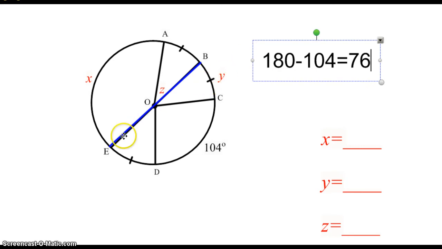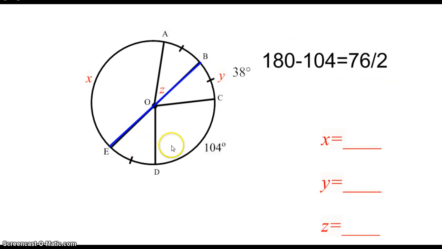Now I know that both of these together have to equal 76, so I divide, and this is 38 degrees. If that's 38 degrees, this is 38 degrees, and because this is tick marked, this is 38 degrees. So that leaves me with Y is 38 degrees.